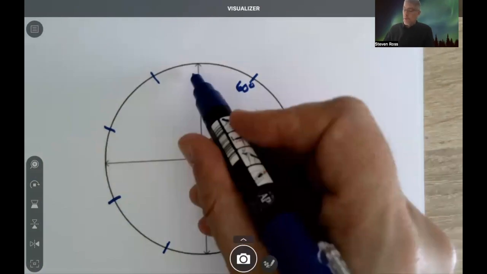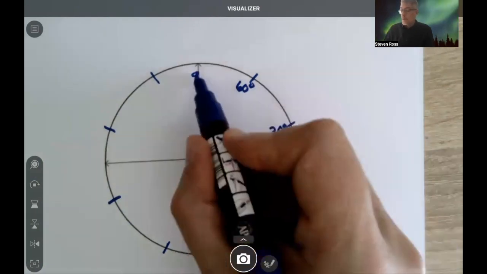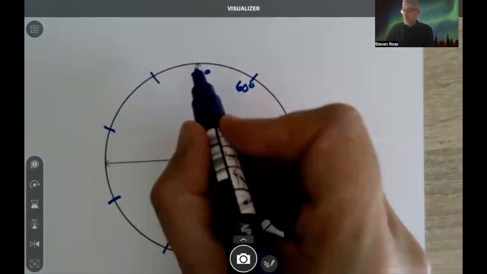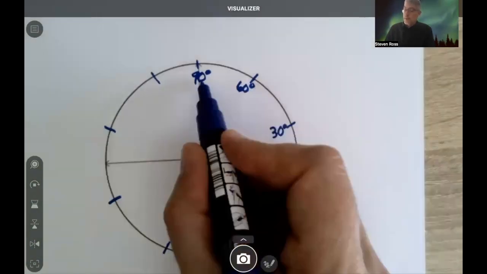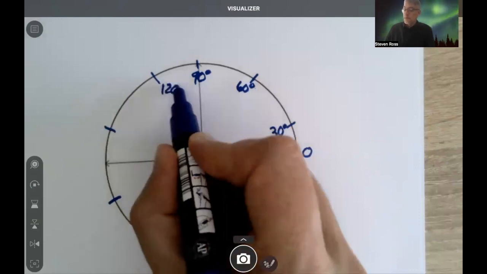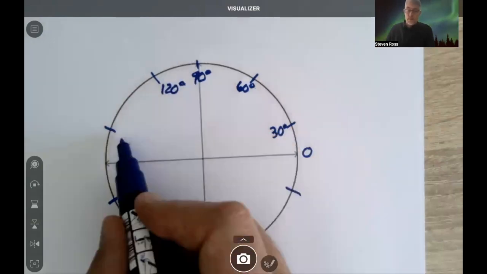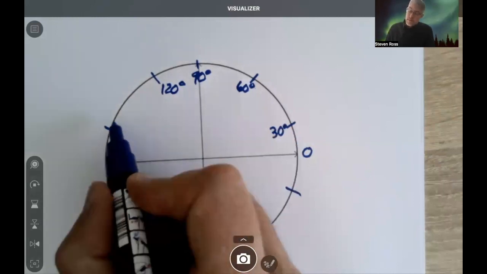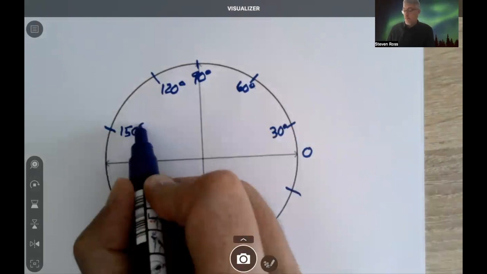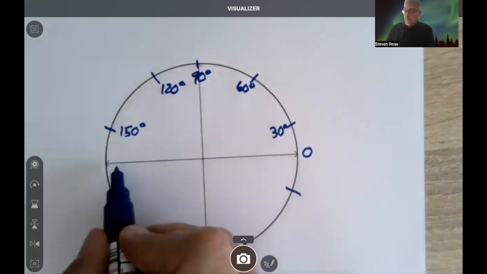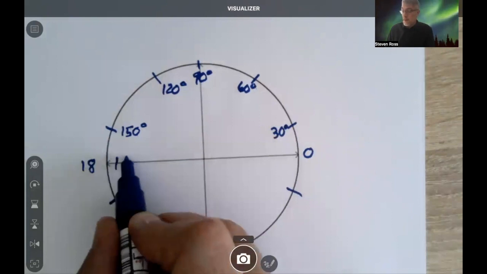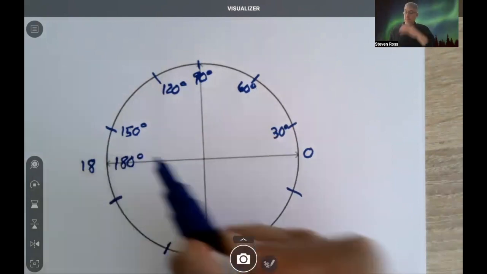And then plus 30 is 90 degrees, what we call a quadrantal angle. 90 plus 30 is 120 degrees, and plus 30 is 150 degrees. Plus 30 is 180 degrees.